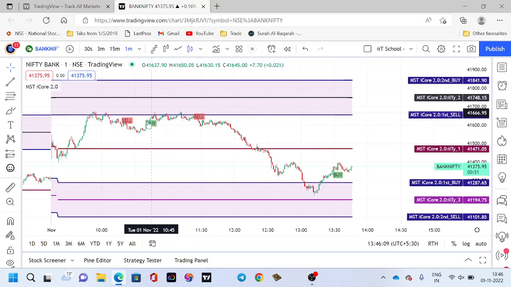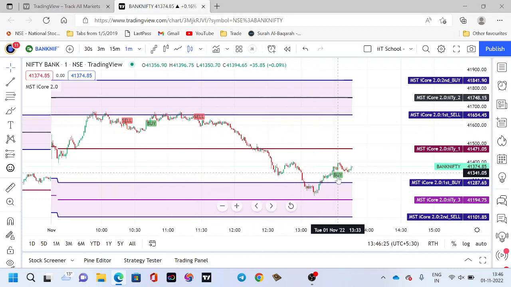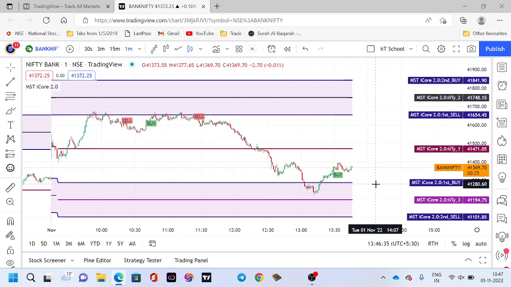This buy entry we have to ignore because it is below our sell zone. Now this is the perfect sell zone, because there are two confirmations: it is in our sell zone, and we also have the sell entry, very good profit. Again we have got one more buy entry here, with some profit, and we are still in a buy, and here it is very near to our buy zone, so we can take the buy entry also.